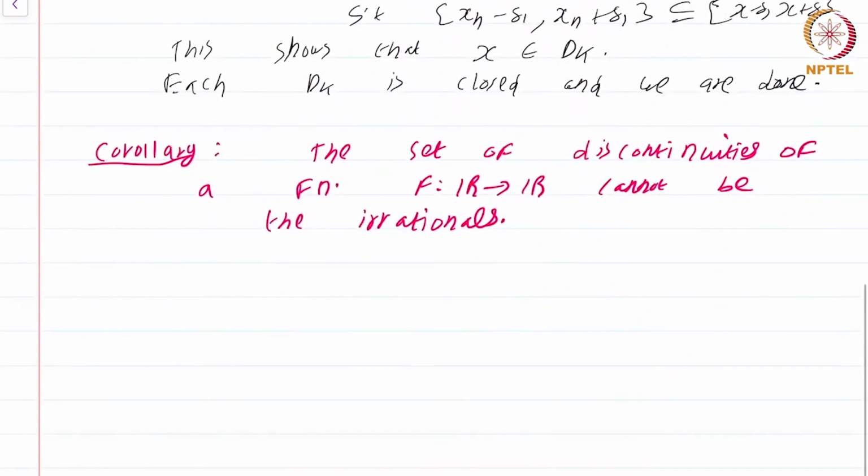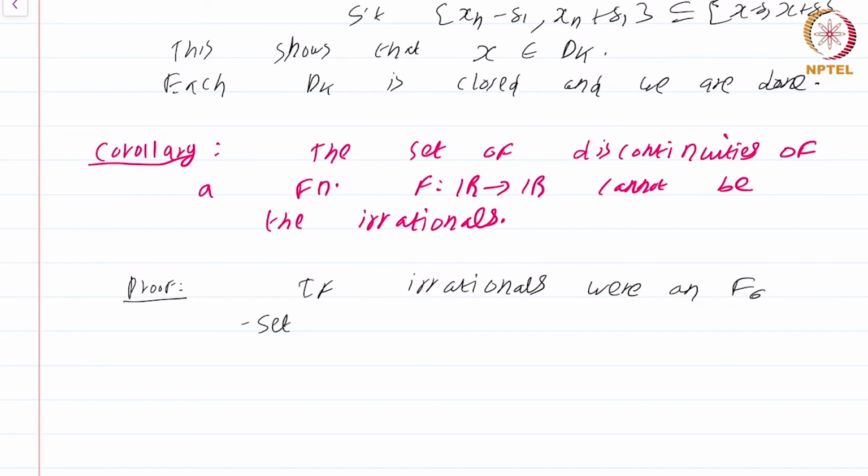Well, proof. If the irrationals were an F sigma set, then R is a countable union of closed sets.